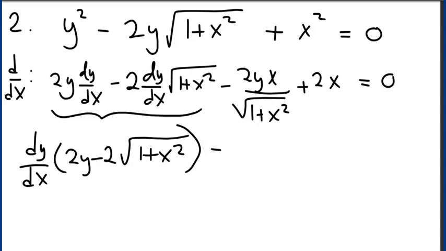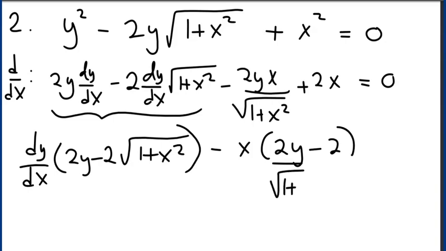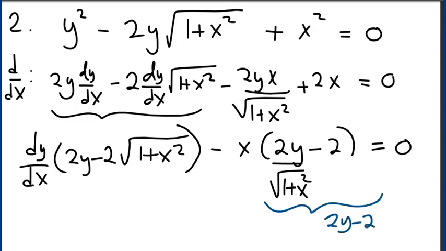You can take out the x minus x, so that's going to give you 2y minus 2 over 1 plus x squared, and that's 0. Let's make the denominator of this term and that term the same, and that's going to give you 2y minus 2 square root 1 plus x squared over square root 1 plus x squared.